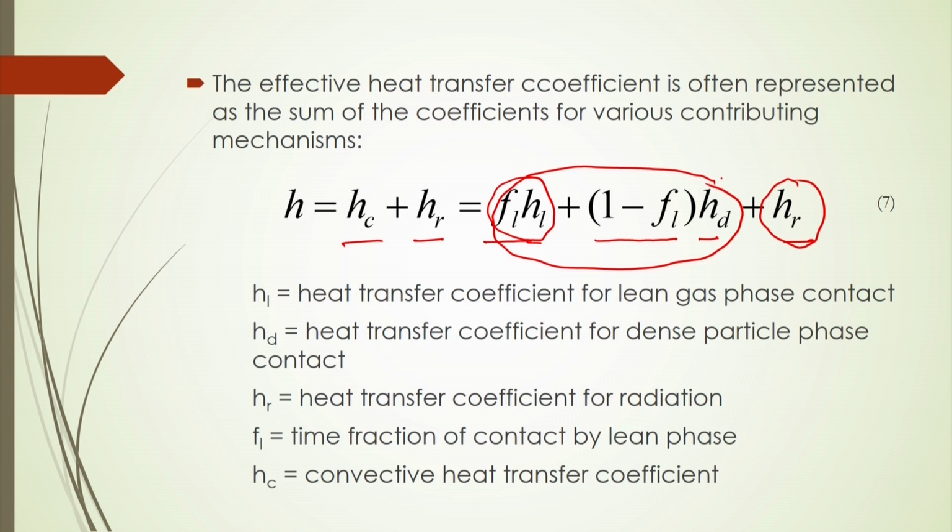So, the heat transfer coefficient for that dense phase will be represented by hd. So, 1 minus fl into hd will be your effective heat transfer coefficient in the dense phase. So, the total heat transfer coefficient will be the summation of this convective heat transfer coefficient and the radiative heat transfer coefficient.